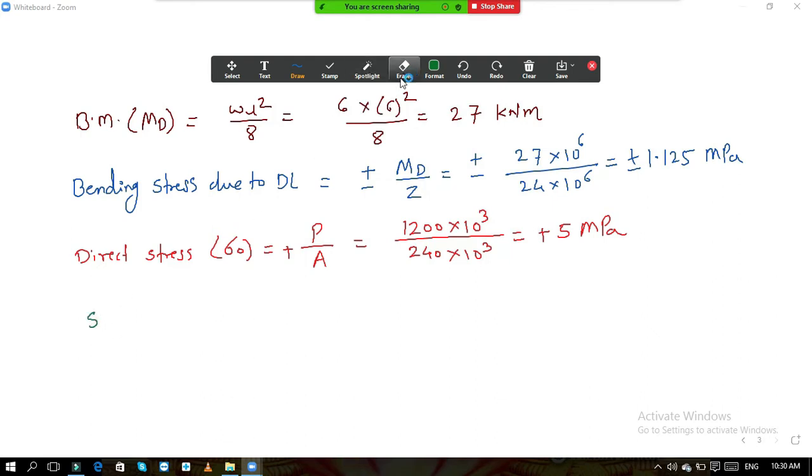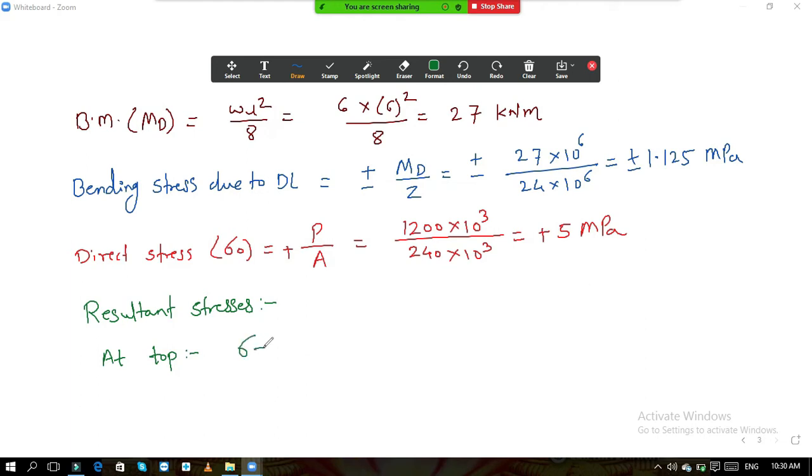Now we will calculate the resultant stresses. So the resultant stresses at top.